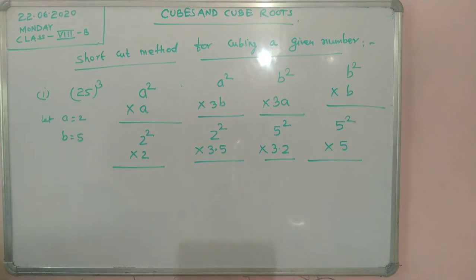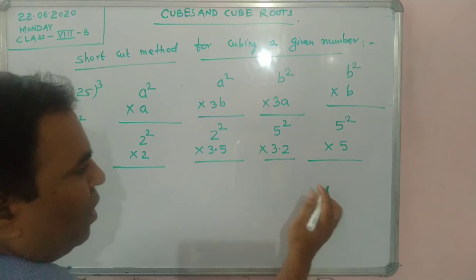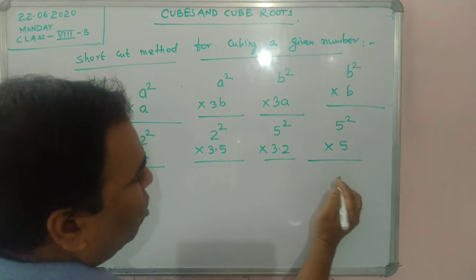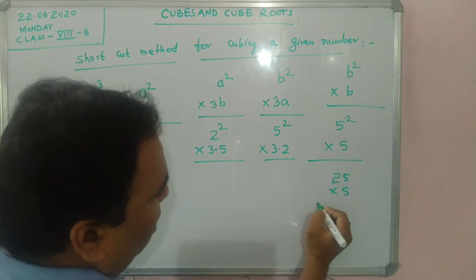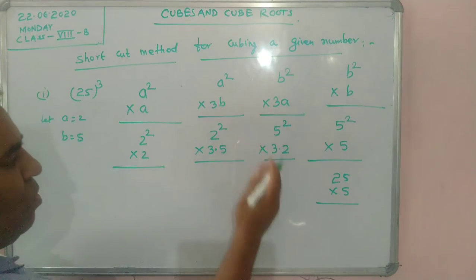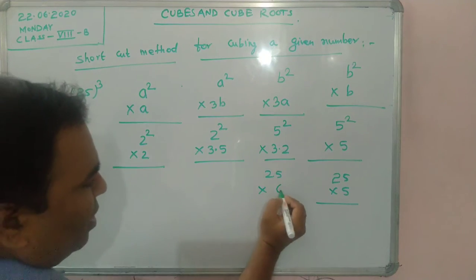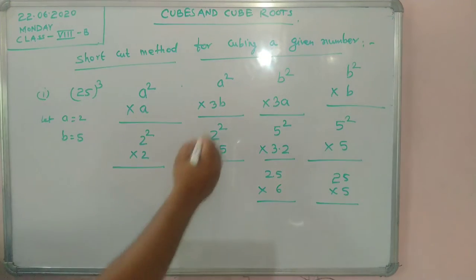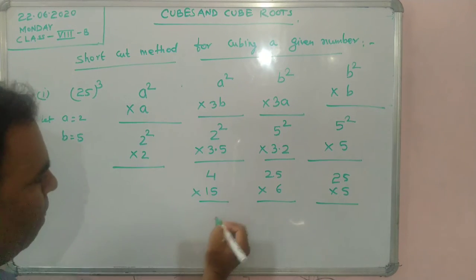Now students, 5 square will give you 25. So again I am going to write 25 into 5. 5 square, that means 25 into 3 is 6. 2 square, that means 4 into 3 into 5, that is 15.